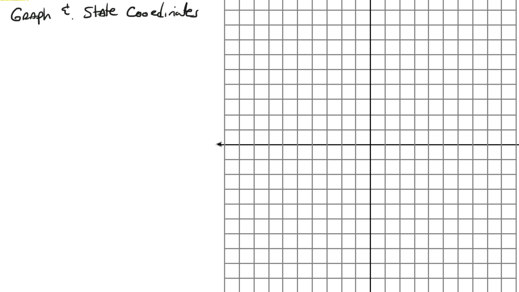When they say state the coordinates, they mean write the points down. Let's start off with the original, and let's make it a triangle.